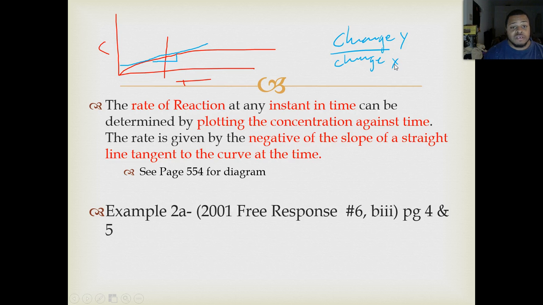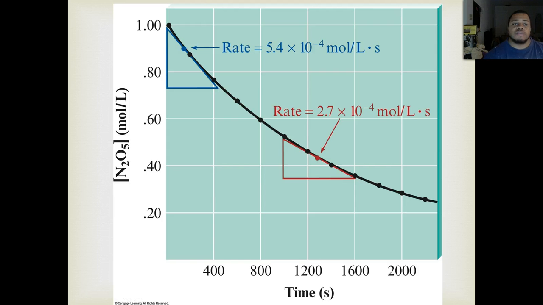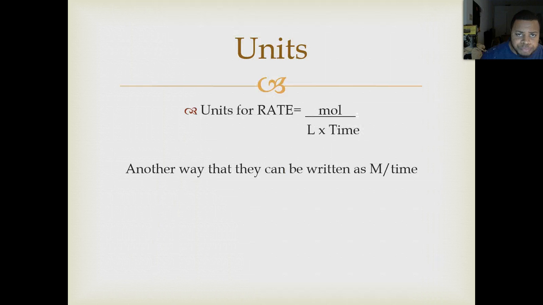And this is going to be the negative slope of that line. That'll give me the rate at that point in time. You can also look on page 554 for the diagram. You're going to see something very similar to this, and it's better than my drawing. If I wanted to know the rate for a specific time, I can draw my tangent line, get the rise over run for that area, and that will give me my rate at that point in time. We call that the instantaneous rate.